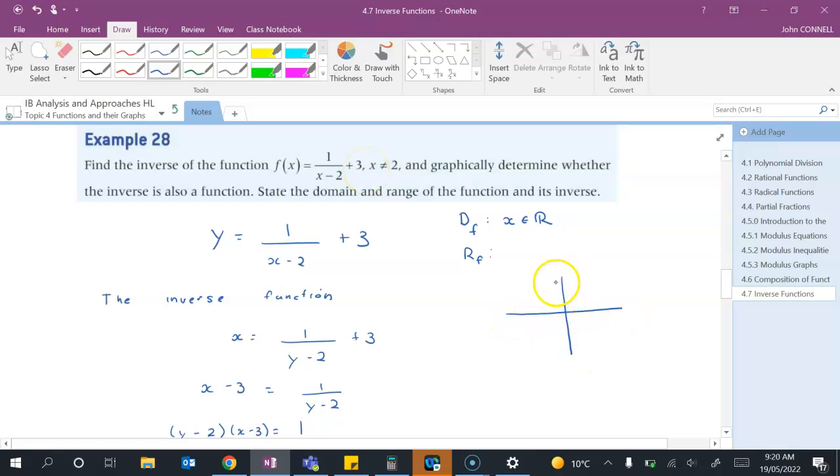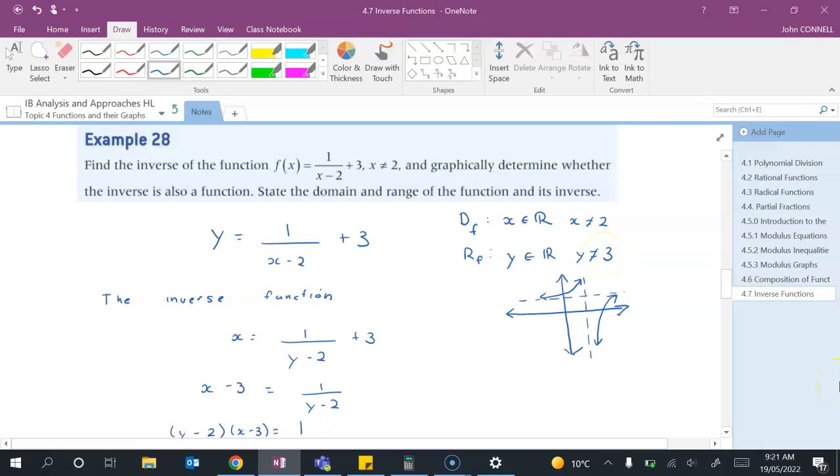So if I draw the graph here, and so like that, then at 2 is a vertical asymptote, and at 3 I've got a horizontal asymptote, so the graph would look something like that there, and something like that there. And so my range in this case would be every number apart from 3. Now I should have said x not equal to 2 there, and here y not equal to 3.